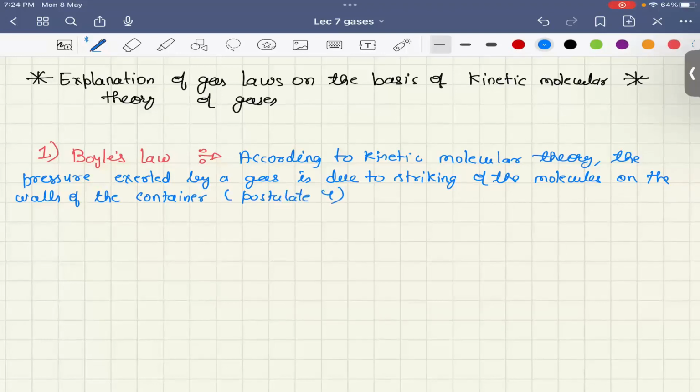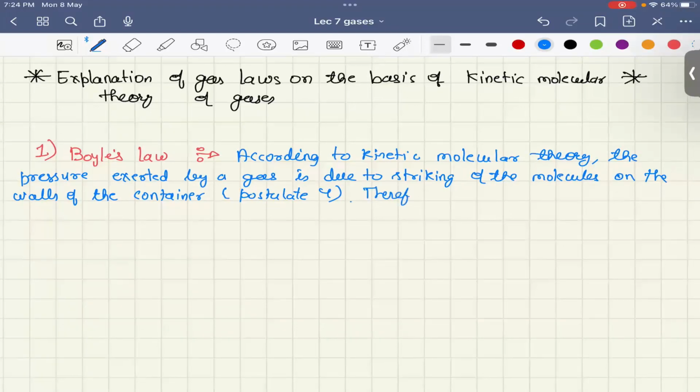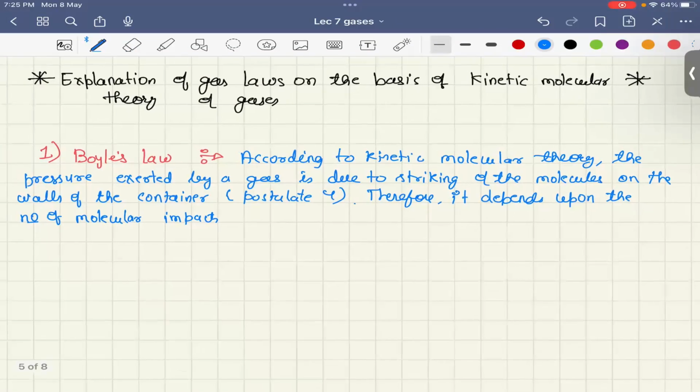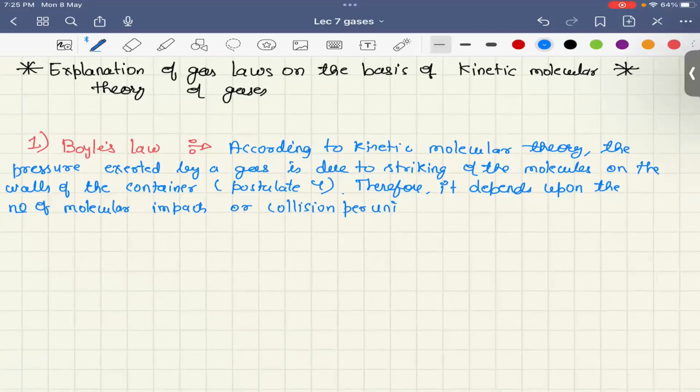Therefore, it depends upon the number of molecular impacts or collisions per unit area per unit time.